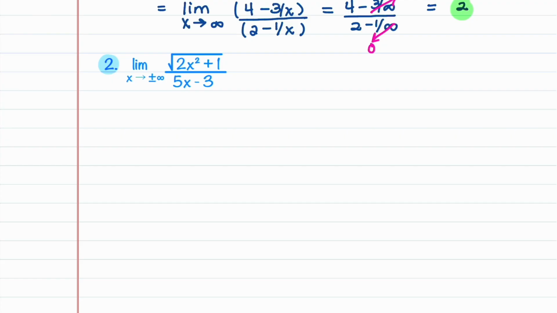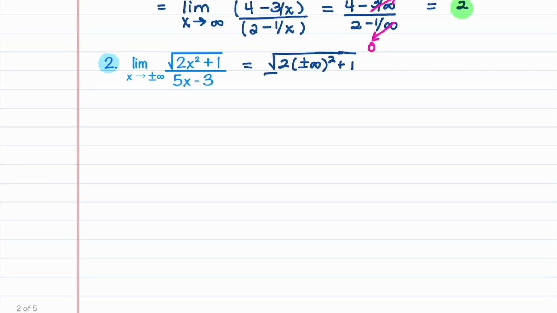We're going to begin just like we did with the first one, and we're going to substitute in that x is going to plus or minus infinity. This is equal to the square root of 2 times plus or minus infinity squared plus 1, all divided by 5 times plus or minus infinity minus 3. Let's look at the numerator first.